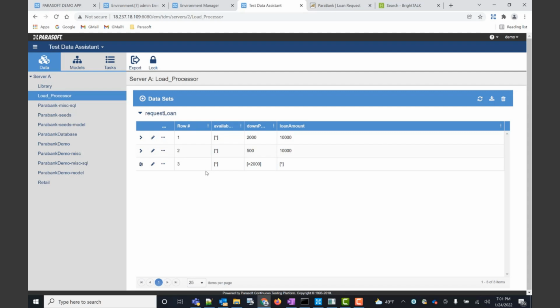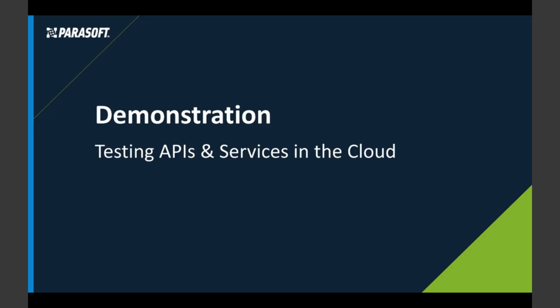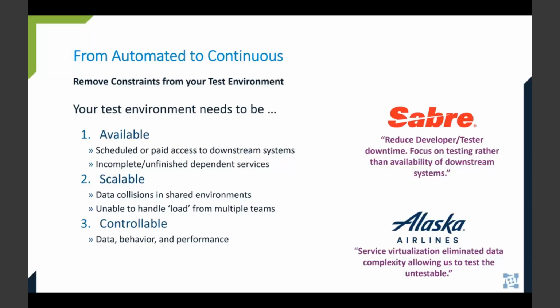And so that's what I wanted to show you. That is actually our final piece. So let's review. Reviewing what we went over prior to the demo, we touched on what a testing environment needs to move from automated to continuous testing. It needs to be available, scalable, and controllable.